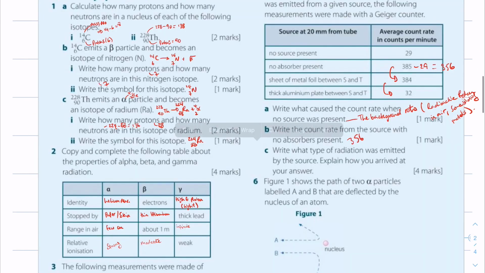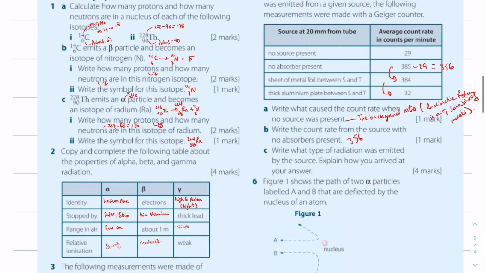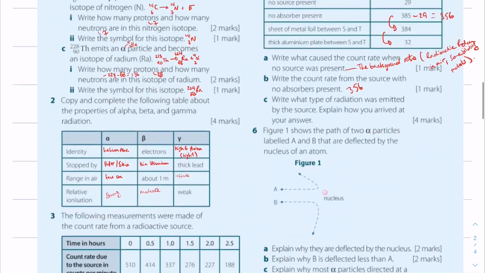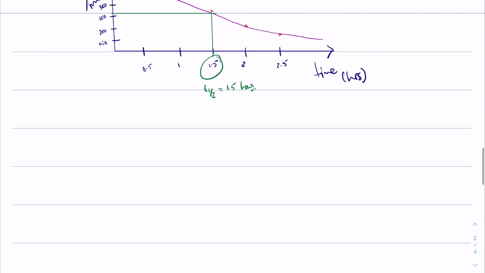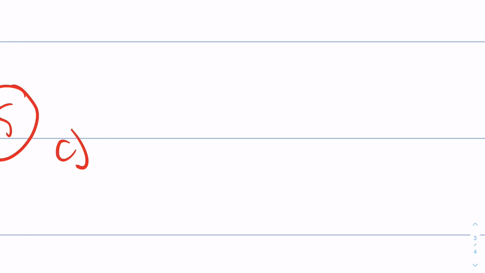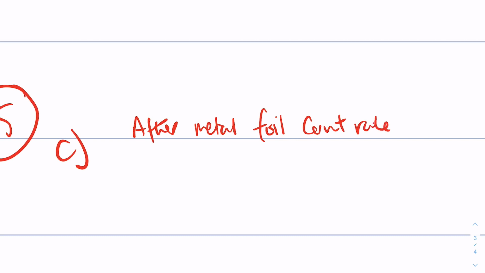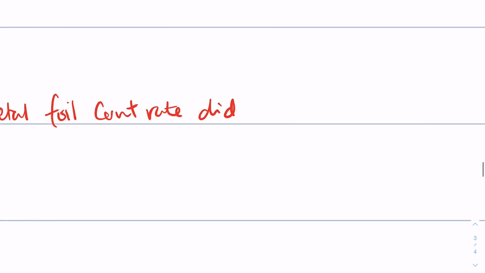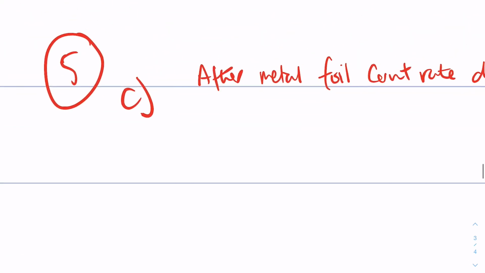Actually, let's write this out properly. What question is this? 5C. So we know after metal foil, count rate did not change.